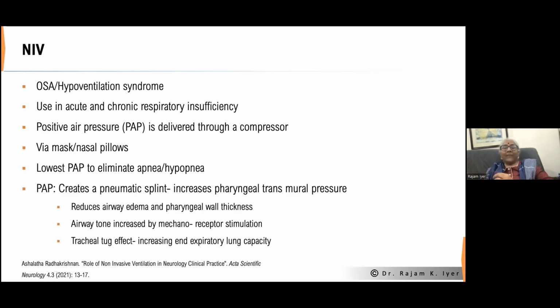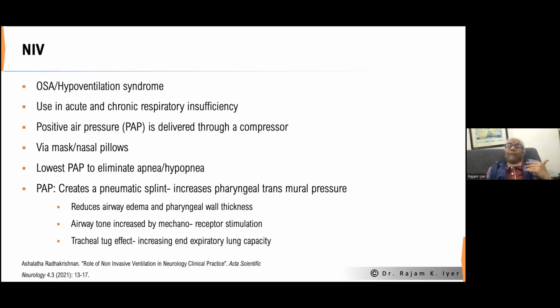It is non-invasive ventilation. And basically the funda being it is given positive airway pressure, which is that the machine delivers a pneumatic splint. So there are largely two kinds of NIV, which is continuous positive airway pressure, where you give a continuous pneumatic splint to keep your airways open and patent, like what you use to treat obstructive sleep apnea.